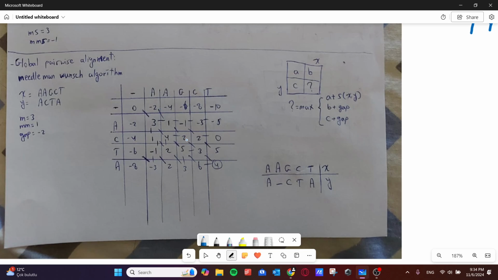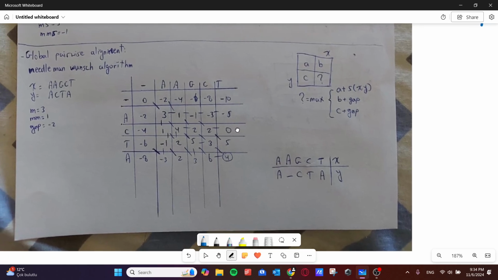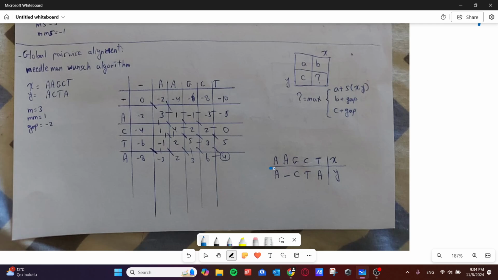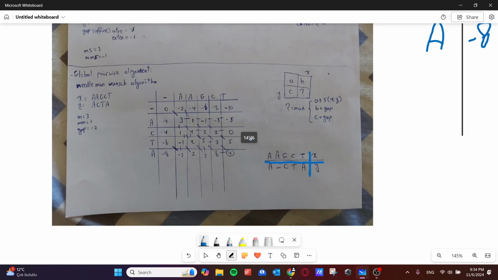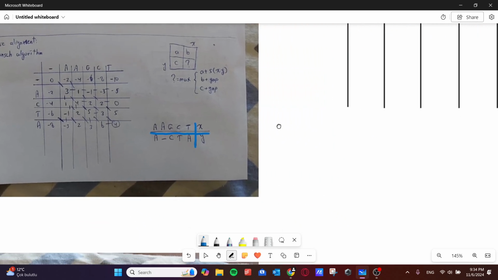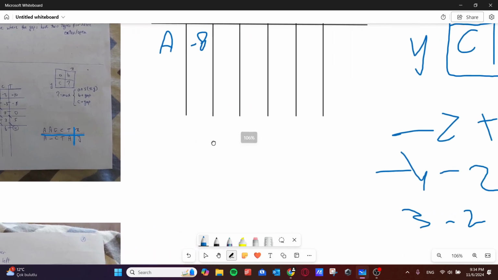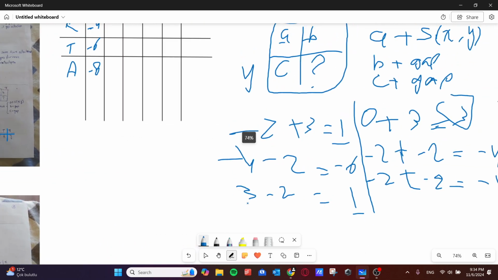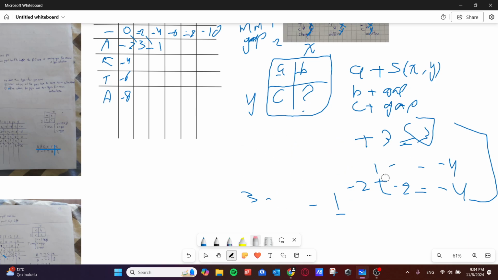So from the most bottom right to the most top left. Why are we doing this? So we can find the alignment. So how do we do the alignment? Let me erase these.